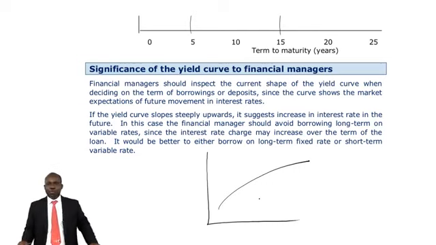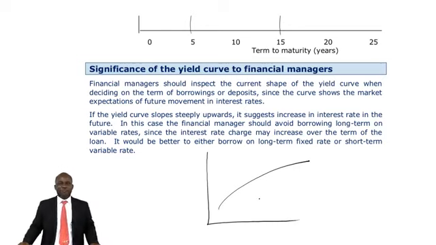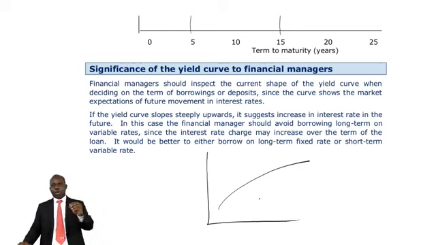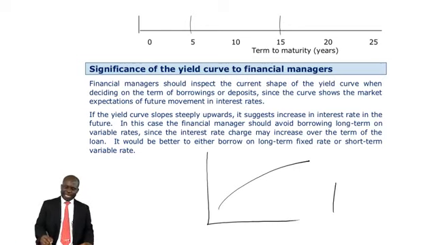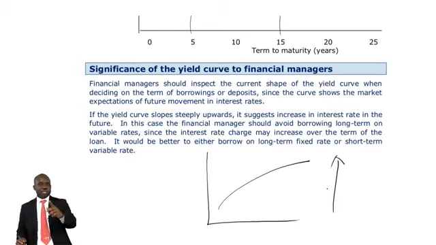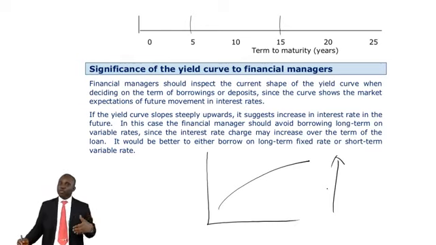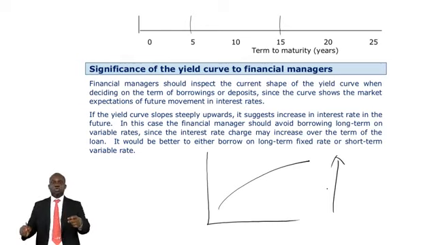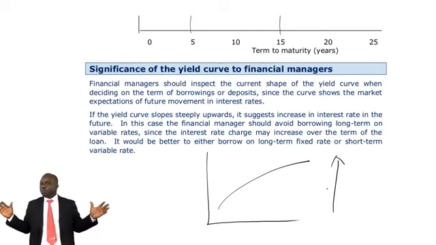So when I am going to borrow for the long term, I do not have to borrow at a variable rate. When I borrow at a floating or variable rate, and the interest rate actually increases in the future, I will be called upon to pay more. So in that case, it will be better for me to borrow long-term fixed, so that when the interest rate increases, I am still at the fixed rate. I'm not bothered about it.